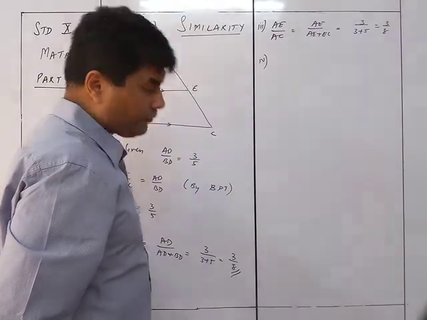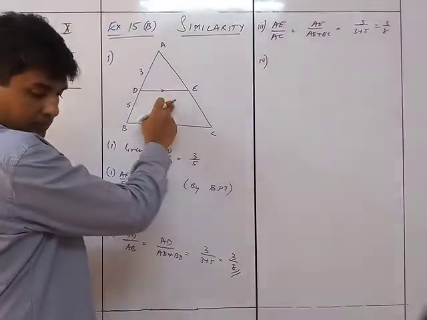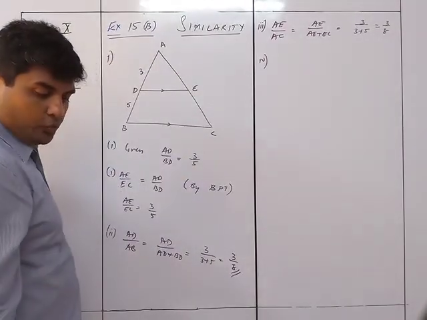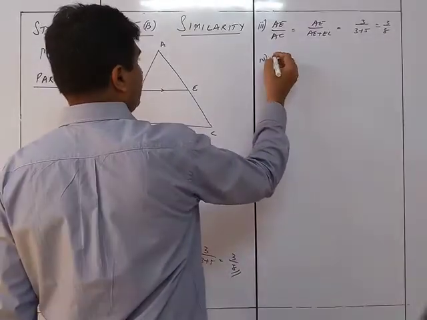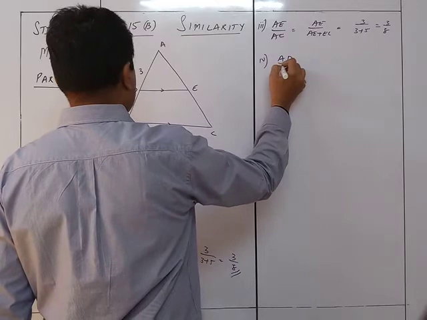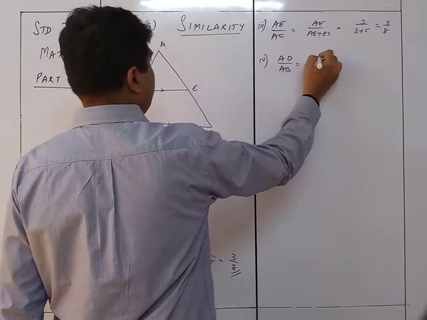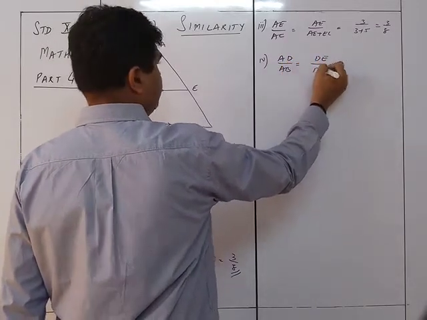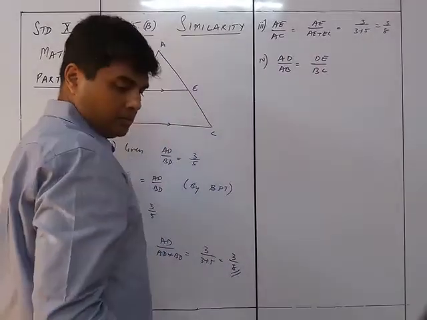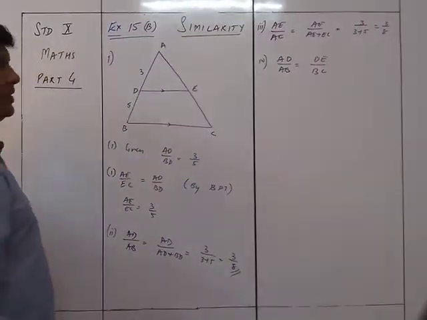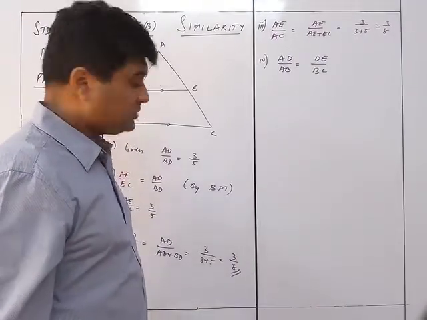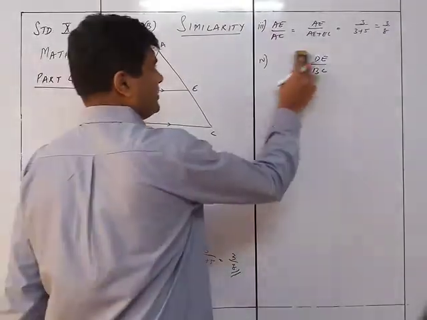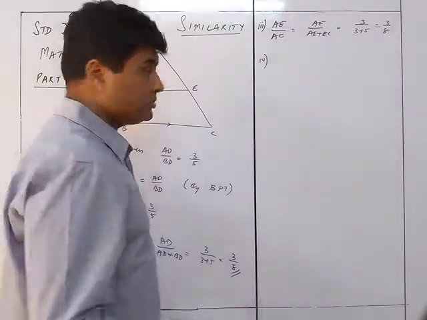Fourth one, find BC, where DE is equals to 2.4. Now, we know that AD upon AB is equals to DE upon BC because they are similar triangles. Or yeah, here you need to prove the similarity.